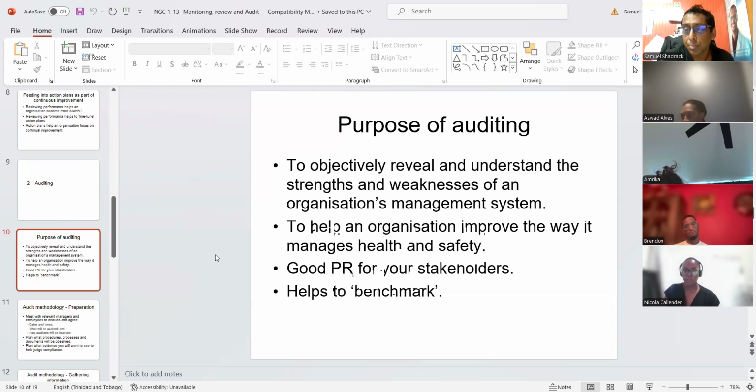For example, those of us in Trinidad and Tobago, the standard for safety here is a local management system known as STOW. Those of us in Guyana, or maybe the wider world, the management system that is most common is ISO 45001.